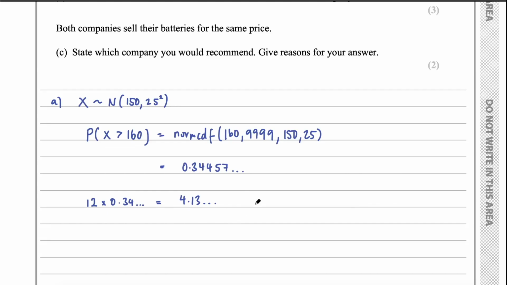And you might think if you're talking about discrete batteries, you should round this off to 4. I would find it hard to argue with that logic. However, we are talking about a normal distribution, so we're not dealing with discrete values. Remember, a normal distribution is continuous. So we want to leave that as a non-rounded number, but we want to round it to, say, 2 decimal places.